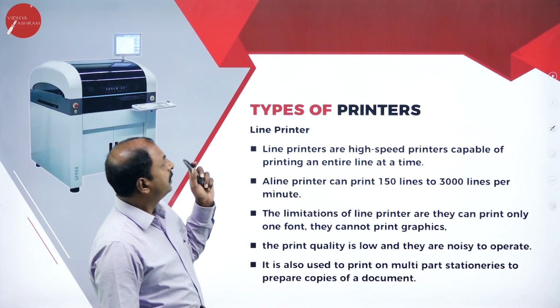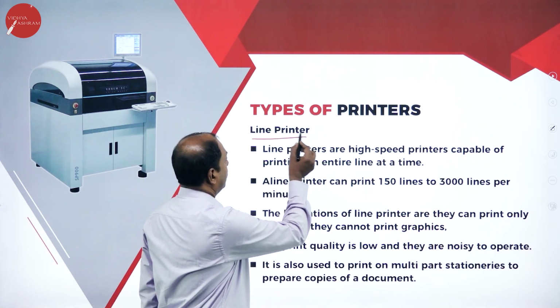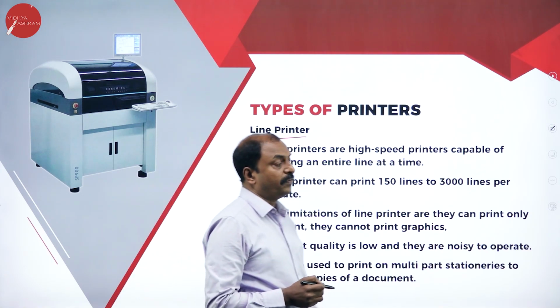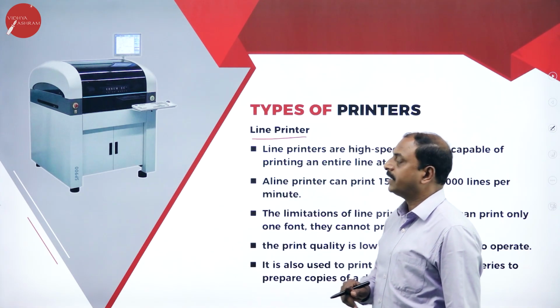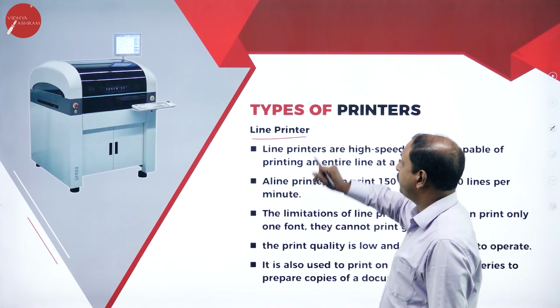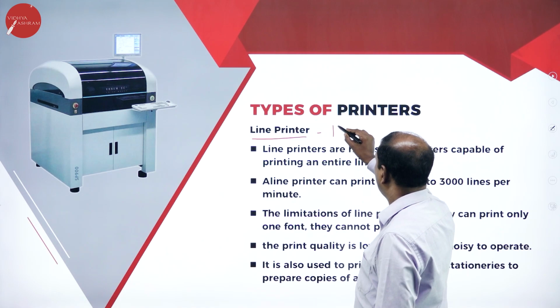Now here are the types of printers, and we have the line printer. If you look at the diagram here, the line printer is an example of an impact printer.